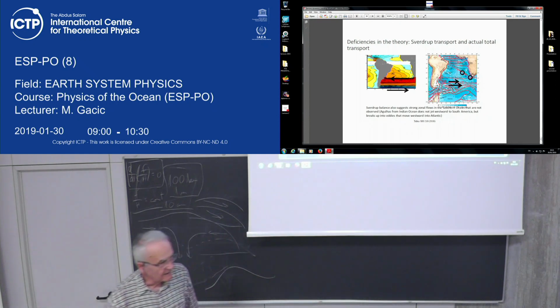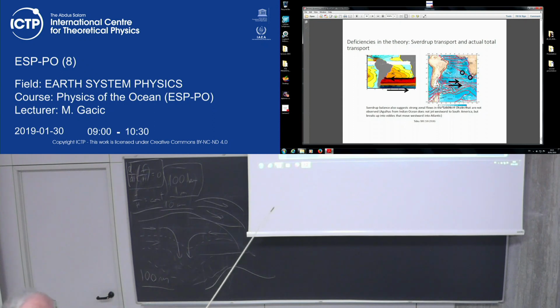And Sverdrup transport doesn't explain everything, because it's only one approximation, but it describes main features, and it suggests, for example, the strong zonal flow of the Southern Ocean. But it's not observed.